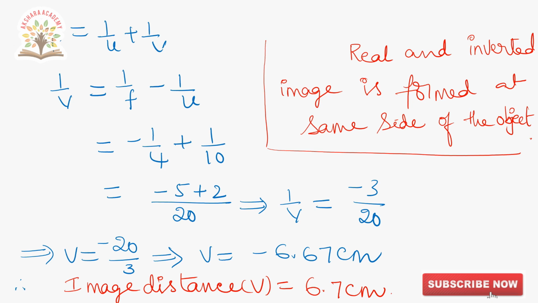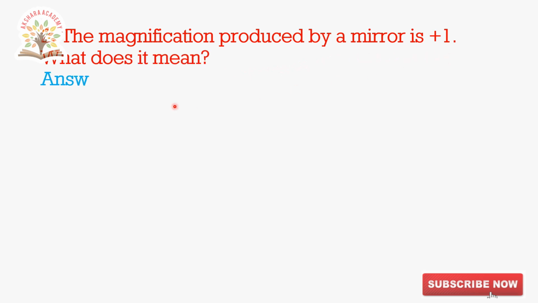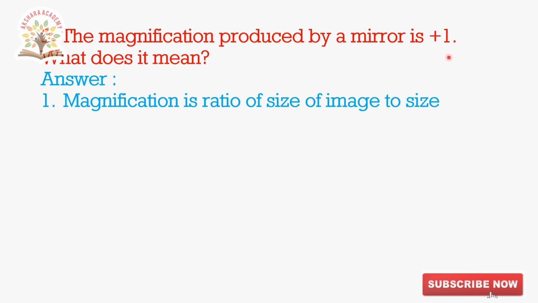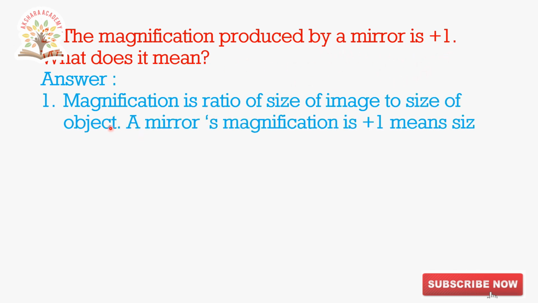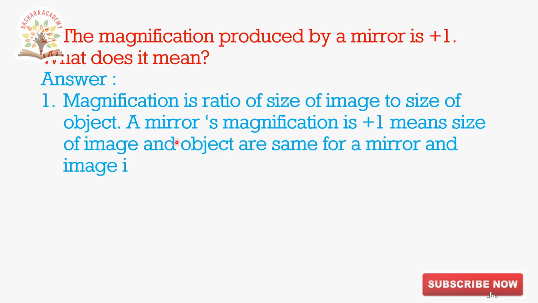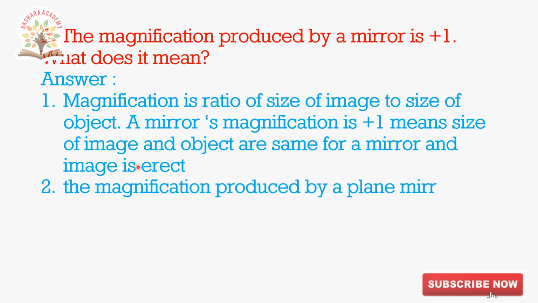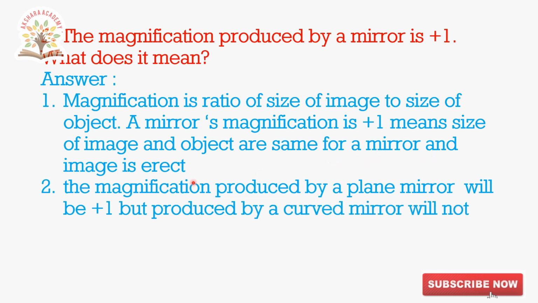Now we'll go to the next question. In this question, the given magnification produced by the mirror is +1. What do you understand by this sentence? Magnification is nothing but the ratio of size of image to size of object. A mirror's magnification of +1 means the size of the image and the object size are the same, and the image is erect.